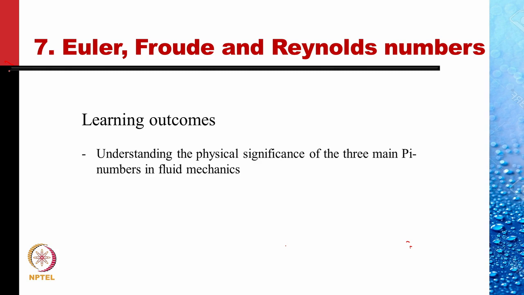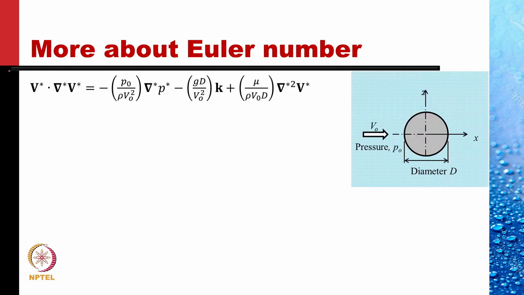of fluid mechanics. This is the equation that we developed for incompressible, steady, viscous flow of a fluid past a body with a uniform velocity V0 far upstream and the pressure P0 far upstream. When we normalize the equation, we got this form where we had made the coefficient of the inertial term 1.